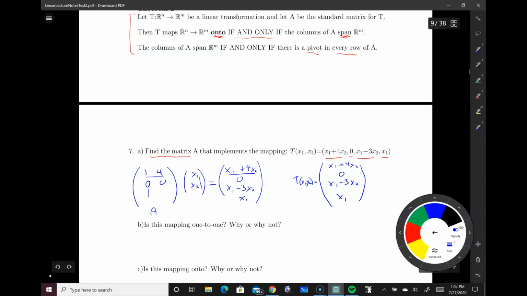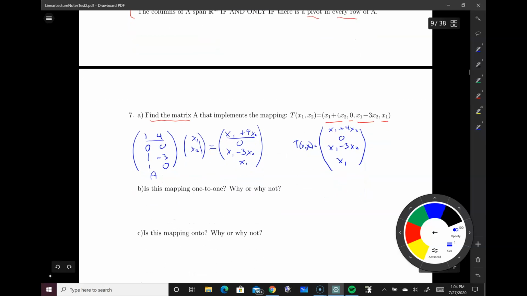And then 1, negative 3, and then 1, 0. All right, so that's my matrix A. Let's look at this matrix. I have 1, 4, 0, 0, 1, negative 3, 1, 0. Okay, that's my matrix A.